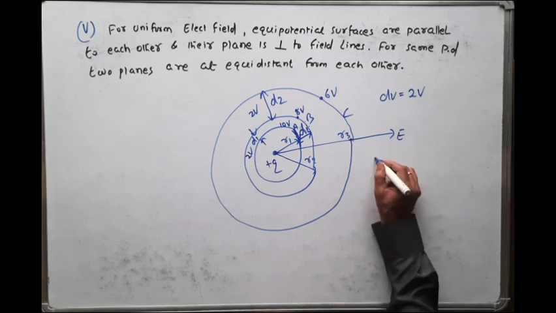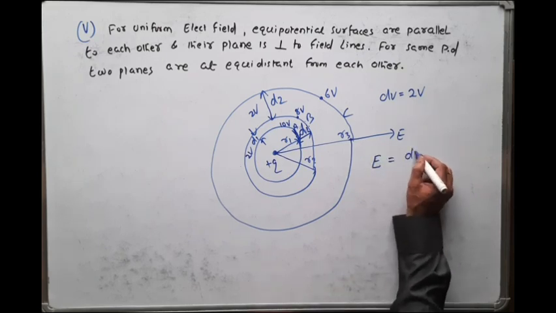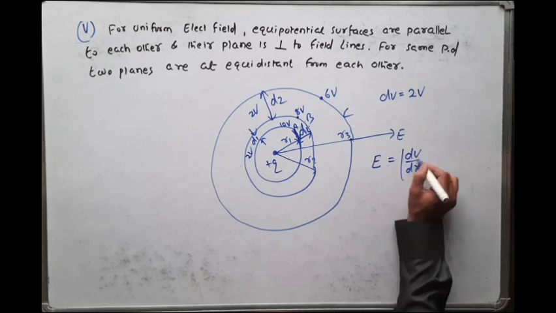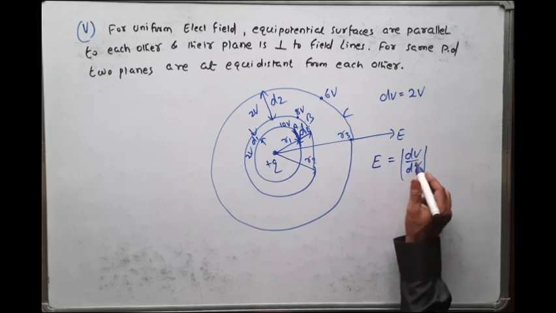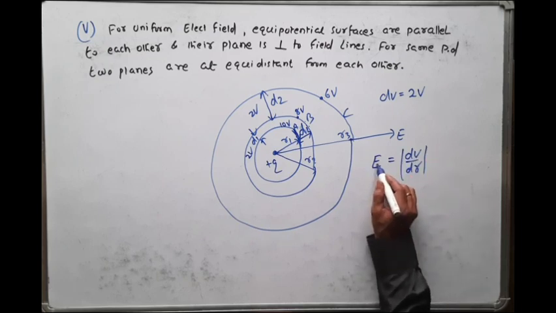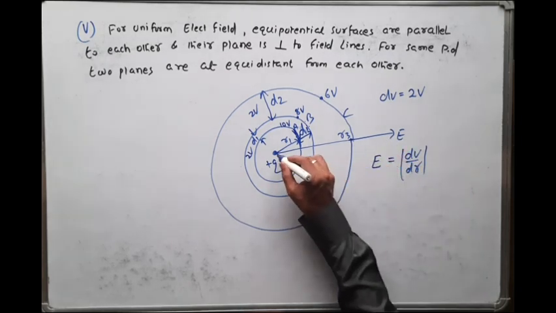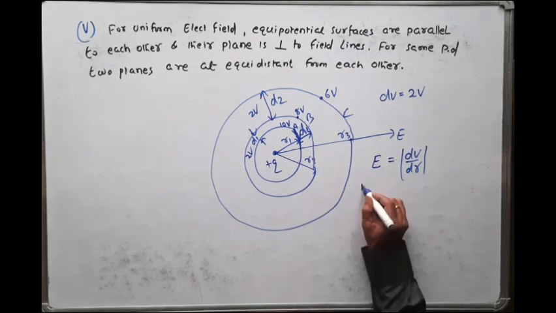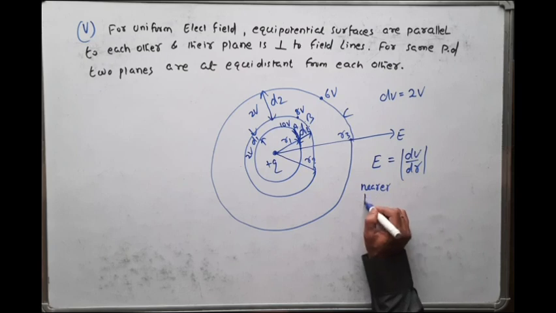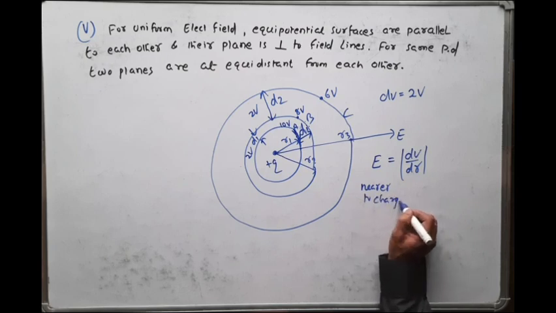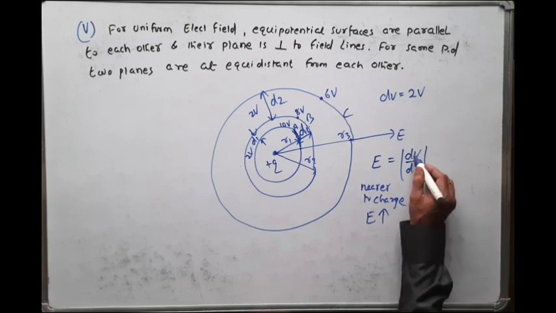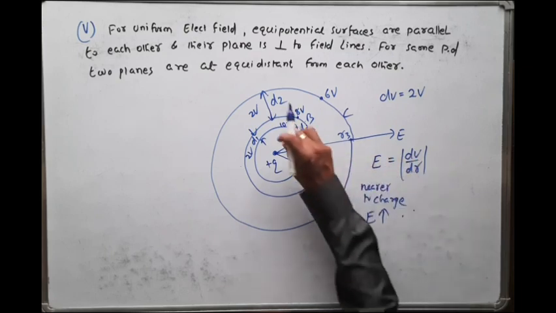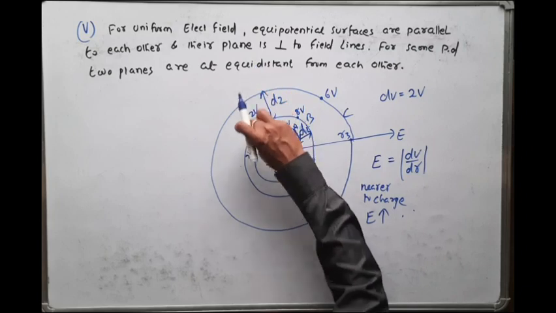You see, what is the formula? E is equal to mod dV by dr. So now you see, here E is not constant, here E is variable. Nearer to the charge, E is more. If E is more, dV is constant, because we are maintaining the same potential difference, 2 volt.